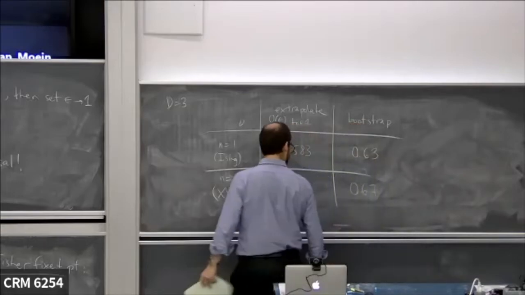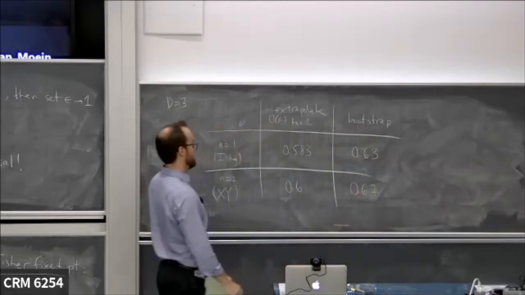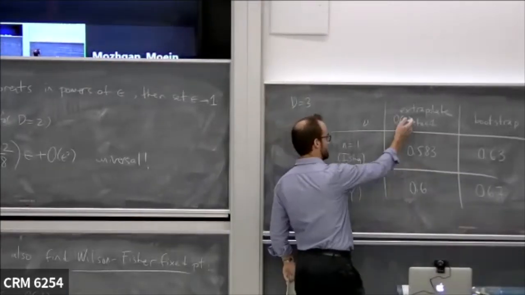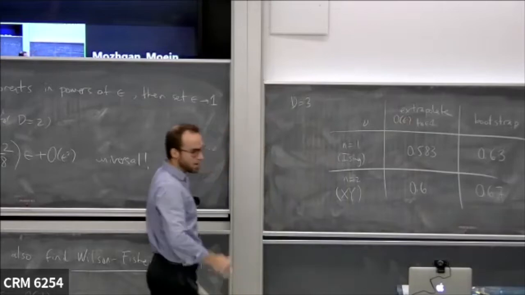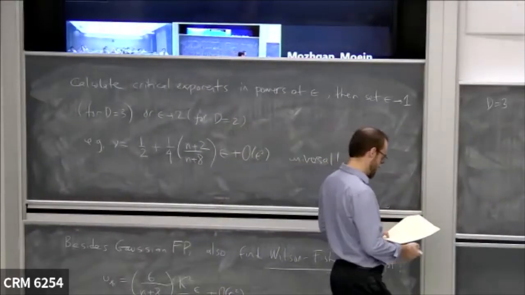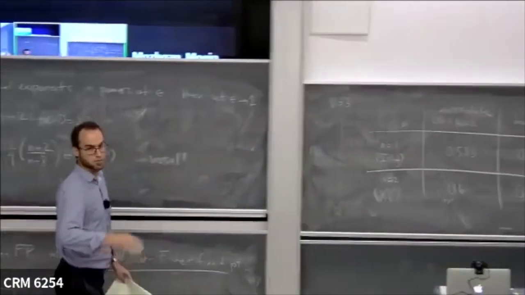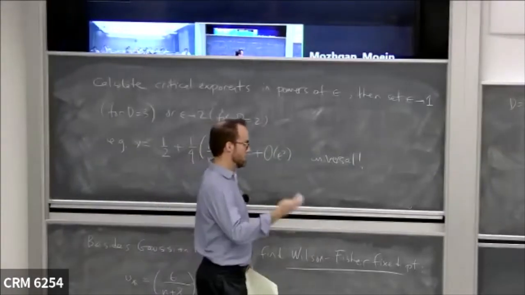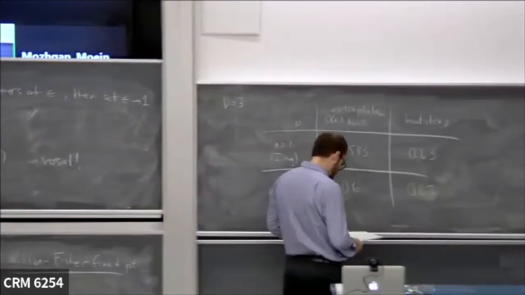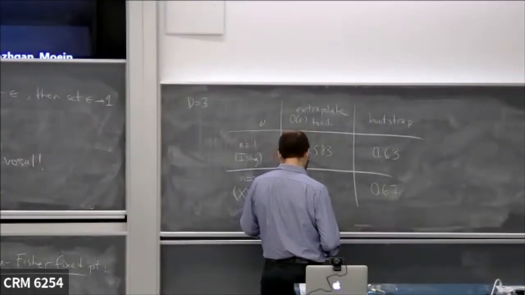So with this one loop result, we don't get something amazingly close, but for such a coarse estimate, it's not bad. And we can do these computations to higher orders. For example, for the O(N) model, I believe orders are available up to 6 loop orders, so epsilon to the 5. This can be resummed, and one can get very close agreement with these non-perturbative methods. So that's basically it.